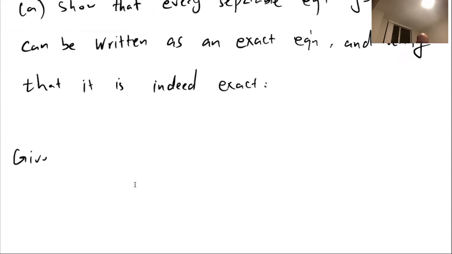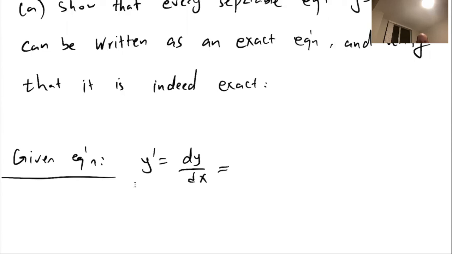The given equation is y prime, which is dy over dx, equals f of x times g of y.